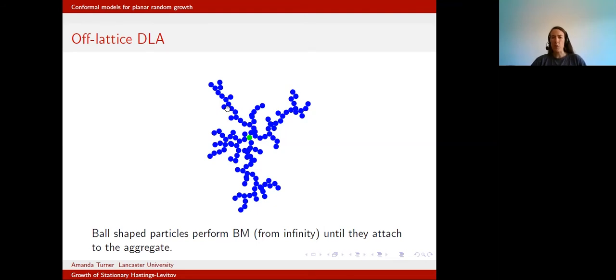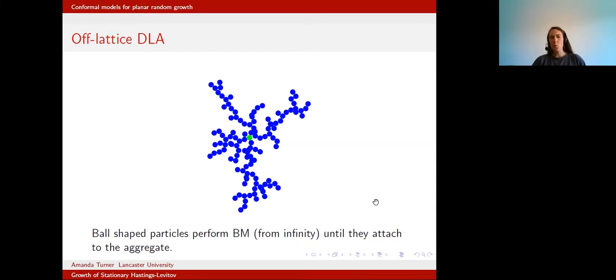In particular, if we restrict ourselves to 2 dimensions, the hitting distribution of Brownian motion is conformally invariant. And what do I mean by that? What I mean is if we mapped the exterior of this cluster to the exterior of another shape, if we had a conformal mapping that did that, and then we looked at the trace of a Brownian motion coming in until it hit the cluster, and we looked at the image of that trace under the conformal mapping, that image of the trace would also be a Brownian motion.